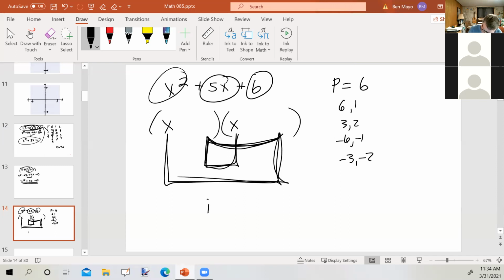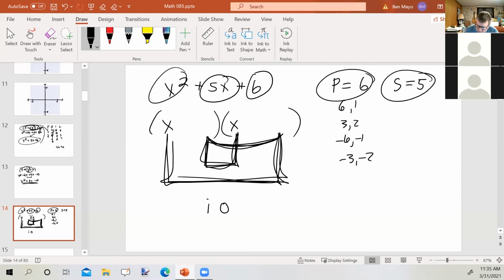So the inner and the outer, or for all you Australian soccer players, oi, okay, they like to say that. So it comes from the inner and the outer. Now, that means that this plus that has to be 5. So we're looking for a pair of numbers whose product is 6 and whose sum is 5.